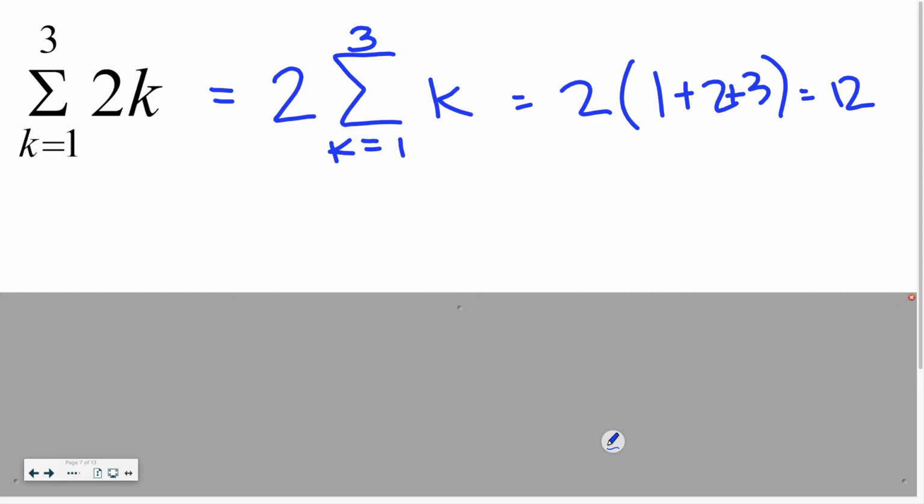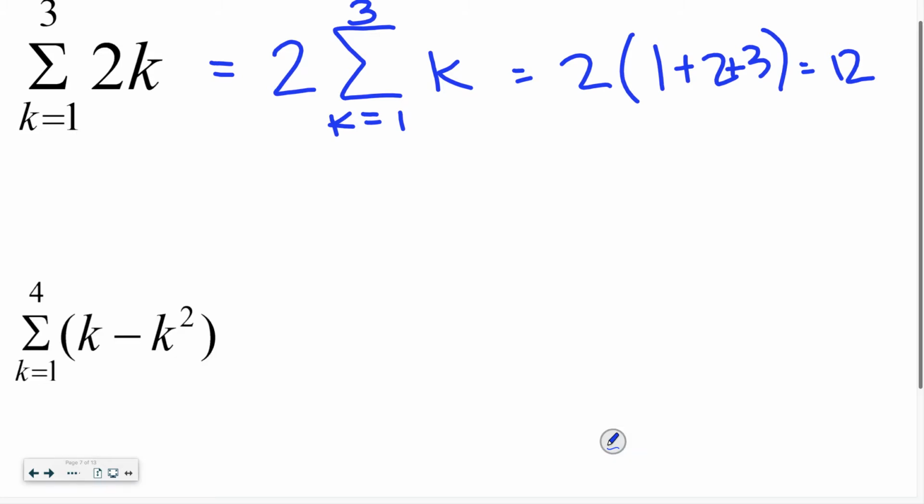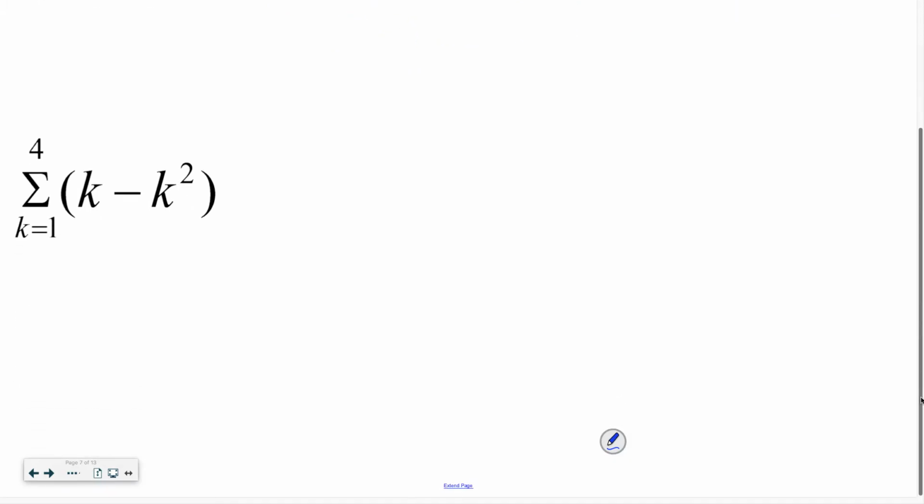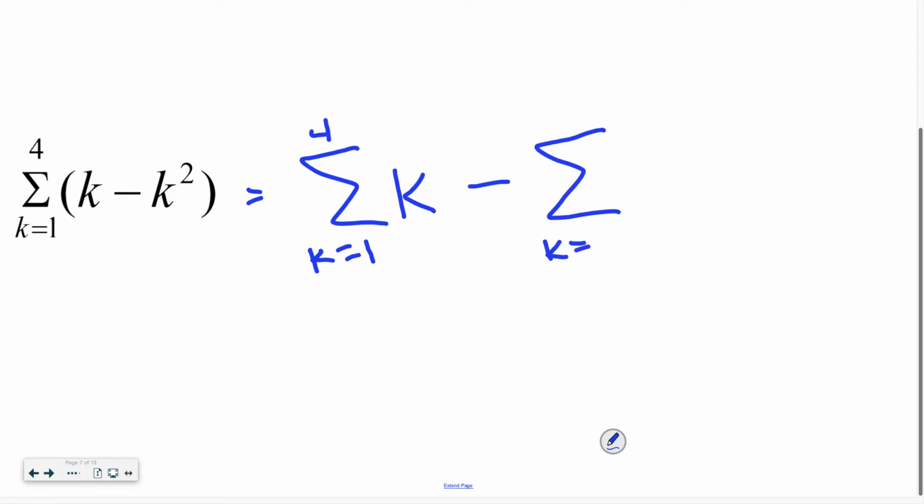We're not going to go all the way through with this one, but just to demonstrate the property we just talked about, if we had a summation like this, the sum from k equals 1 to 4 of k minus k squared, then we could break this apart into the sum from k equals 1 to 4 of k minus the sum from k equals 1 to 4 of k squared, and then go from there. Those mean the same thing.